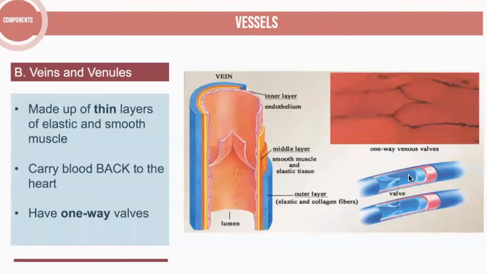Since they carry blood back to the heart, you can expect that they receive even lesser pressure relative to the arteries. Because of that lesser pressure, there's a chance that they will backflow. To prevent that, we have one-way valves.